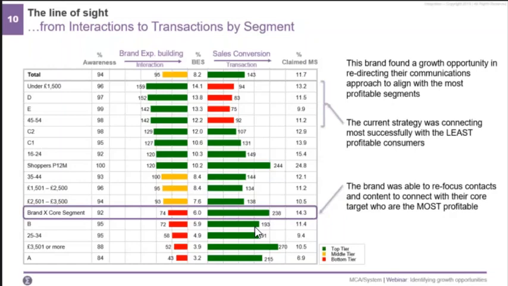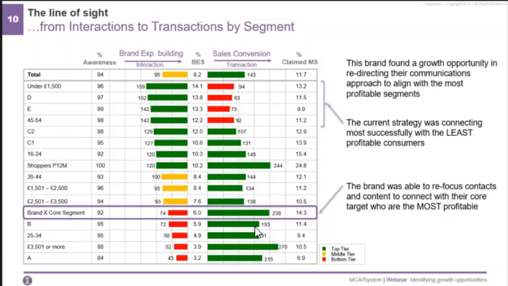So if you go down to where it says Brand X Core Segment, this is the core segment that they have understood very well that their brand is absolutely perfectly positioned for. So the core segment sales conversion of 238 tells you that for every point of communication that they achieve, they are extremely effective at converting that into market share.